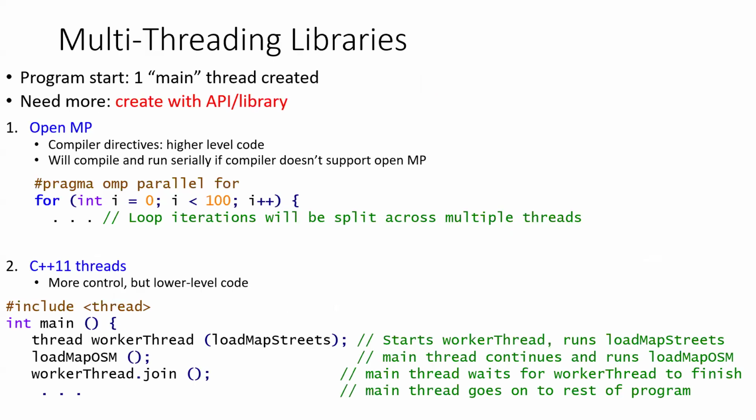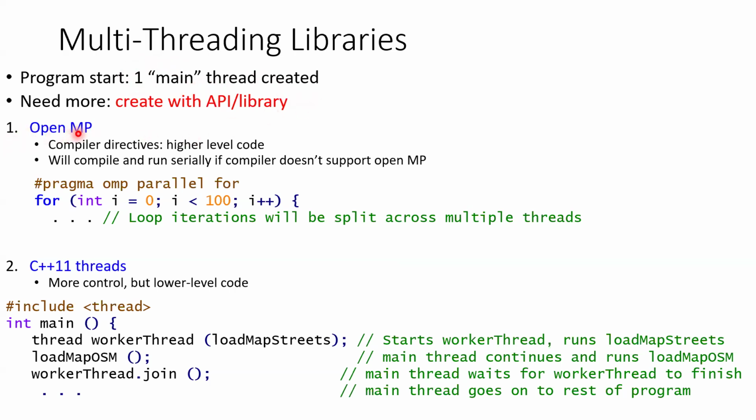These are the multi-threading libraries you may use in Milestone 4. When your program starts to execute in the main function, it creates the first thread, which is the main thread. If you need to create more, you have two options.